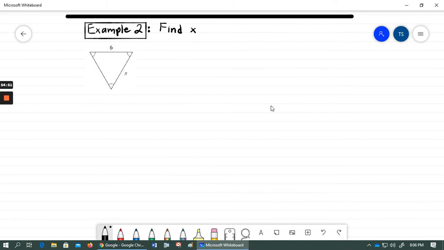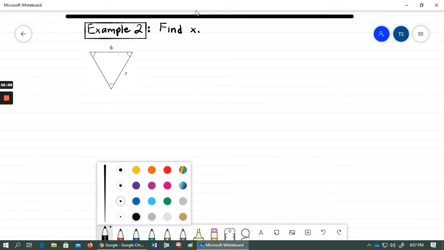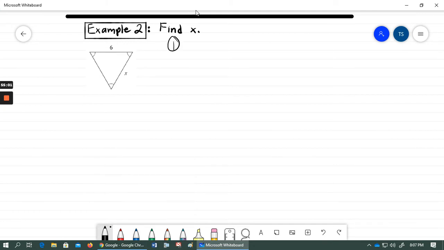Okay, so folks, here we have example 2, and we're asked to find x. In this one, again, I've said that I want you to identify what type of triangle it is. Based on those congruency marks, all three angles are congruent. This is equilateral.